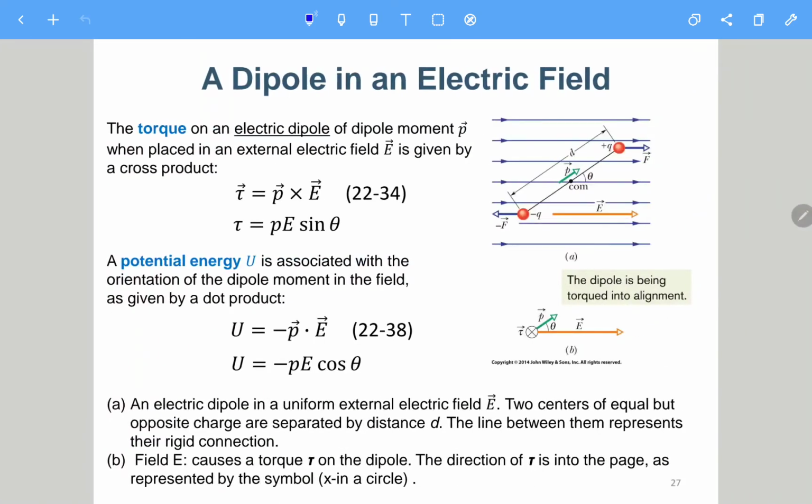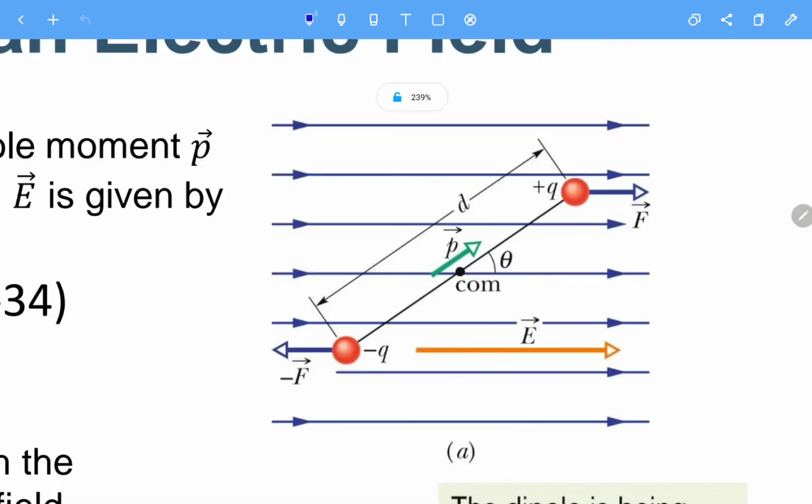Okay, so here we talk about the dipole in an electric field. In the beginning of this chapter, we already introduced what a dipole is. Now we talk about what will happen when we put a dipole in the electric field. Let's take a look at this figure. This is a dipole.